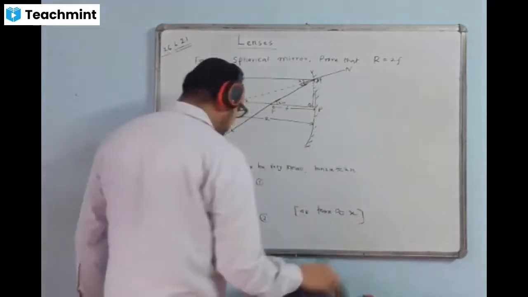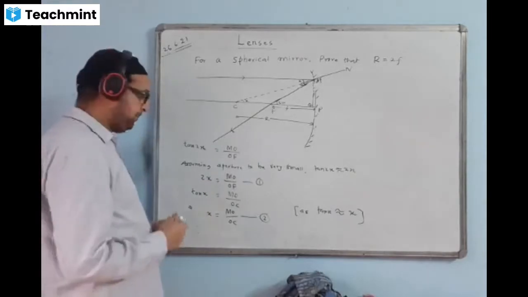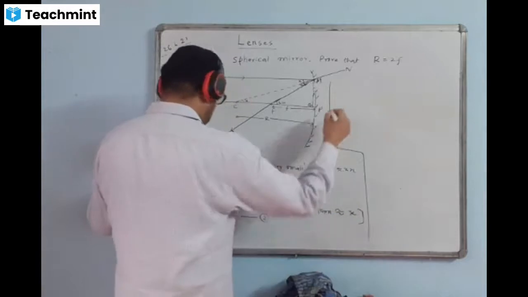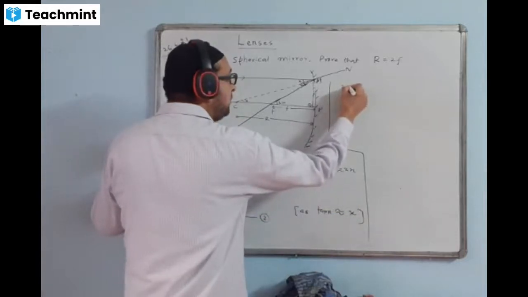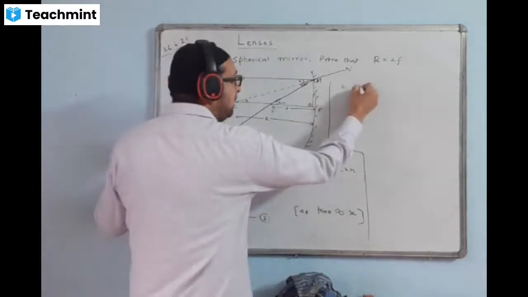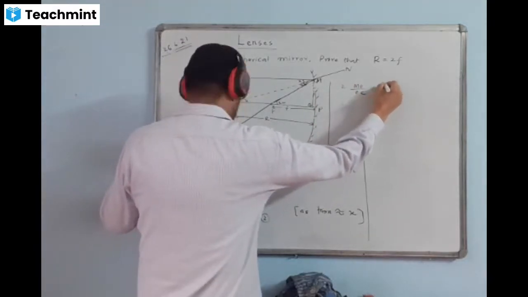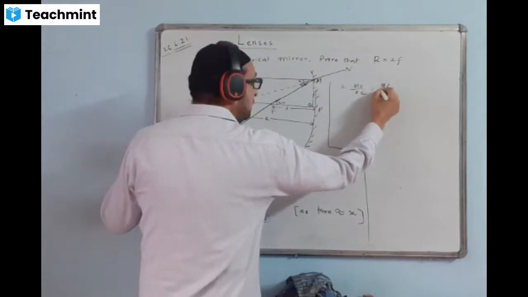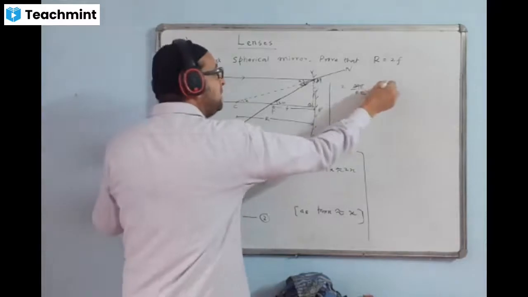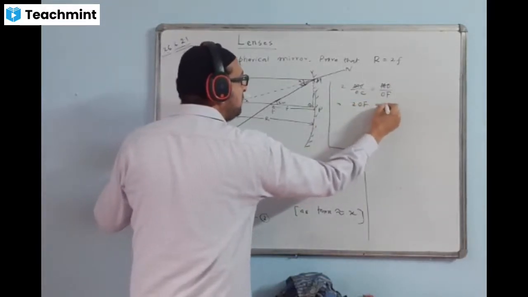Putting the value of x from equation 2 in equation 1, this will become 2 times MO by OC on this side, and MO by OF on the other side. This MO and MO cancel. Do cross multiply, you get 2OF is equal to OC.